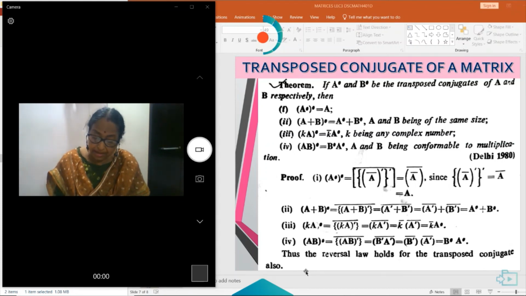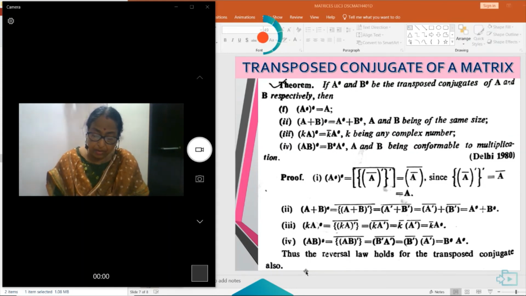Now A plus B theta can be written as A plus B dash, transpose and then conjugate. This can be written as A dash plus B dash, and then the transpose.